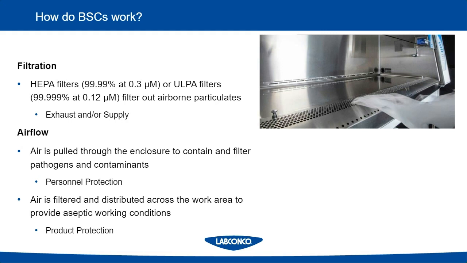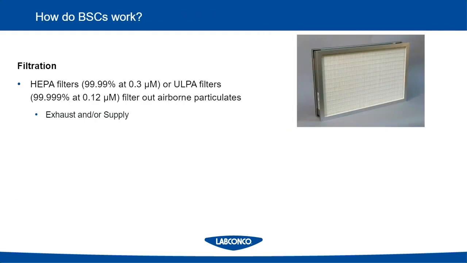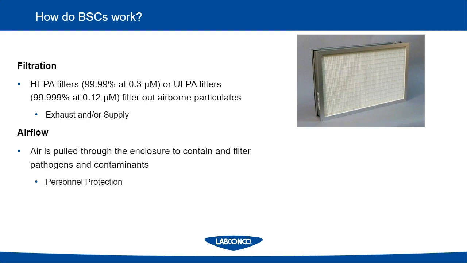They have a supply HEPA filter with air coming in through the top of the unit to protect the product, and then they have two exhaust filters going out of the box as well. They typically have an antechamber that can be sterilized or some sort of a dunk tank, so that all products going in or out of the glove box must pass through a disinfectant before being taken in or out.